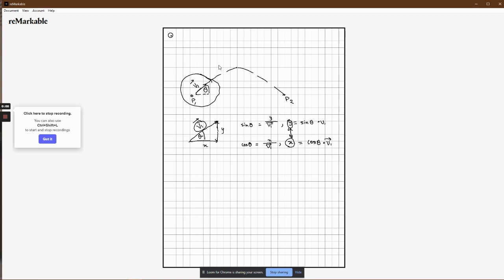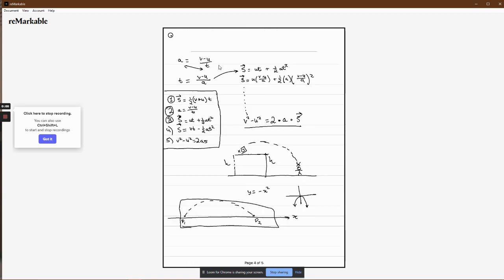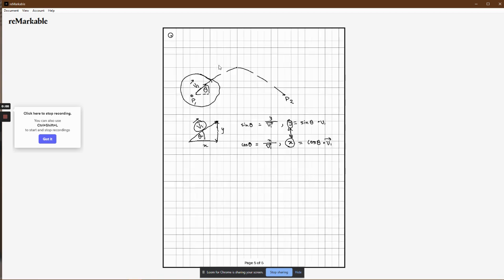One thing I forgot to mention is that this displacement is undefined. We don't know if it's diagonal, horizontal, or vertical. If we have an equation called S is equal to ut plus half at squared, how do we know if we're looking at the vertical component or the horizontal component?